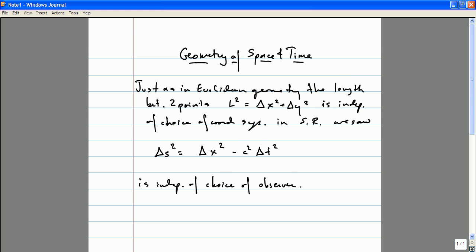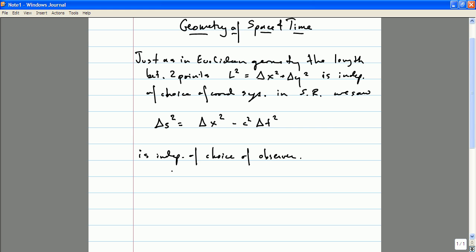First of all, we saw that this quantity, delta s squared, can be either positive or negative, meaning that delta s can be either real or imaginary.